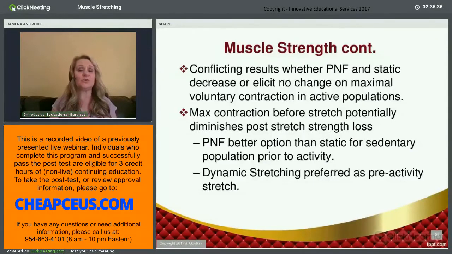You might consider with your PNF stretching, if it is a population where you're going to decide to use autogenic versus reciprocal. So let's say it's that upper extremity patient where maybe you're working on grasping and reaching activities with them.